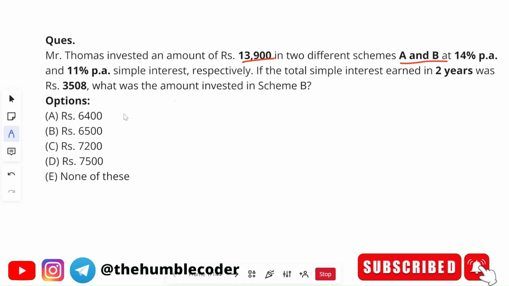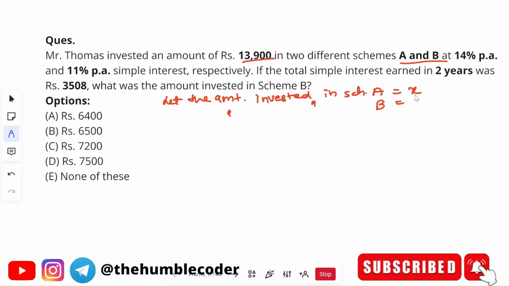Okay, so see, the question is simple. You just have to form the equation. Let's consider that the amount invested in scheme A is X. Then the amount invested in scheme B will be how much? See, we are told the total investment amount is 13,900.